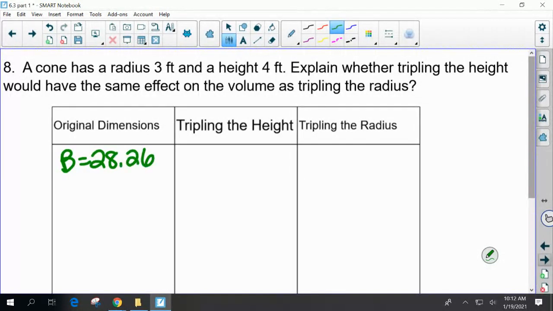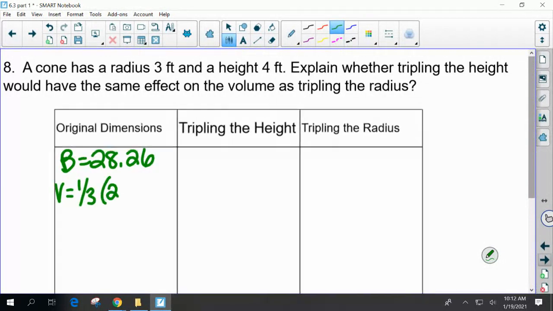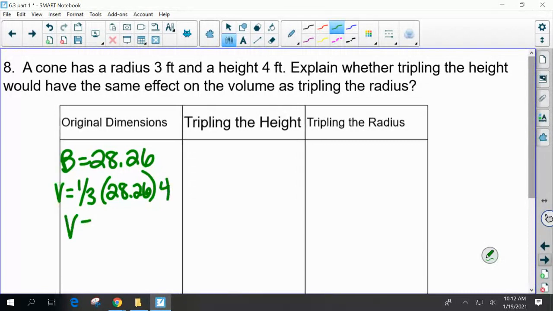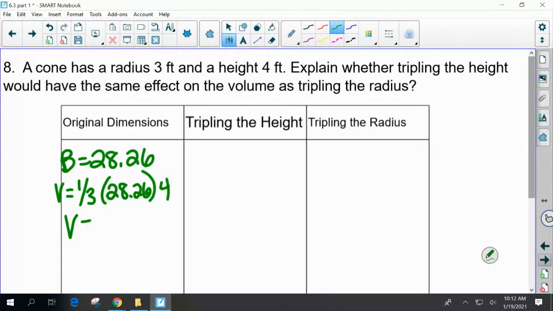Okay, so then I need to find the volume. So I take 1/3 times 28.26 times the height, which is 4. 37.68.